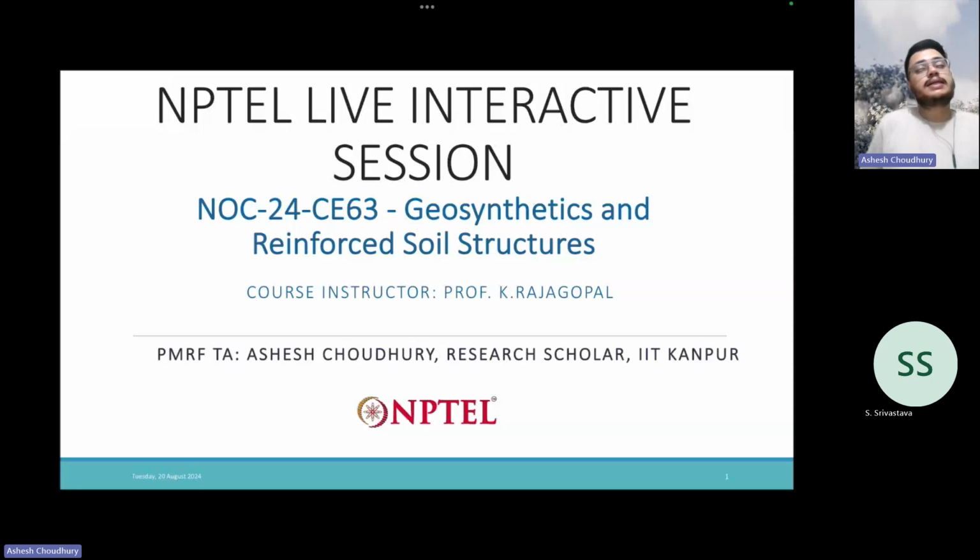Now, the third check that is there is the connection strength. The strength of the connection between the reinforcement and the facing wall where the reinforcement is fixed should be strong enough, so that the connection does not break.